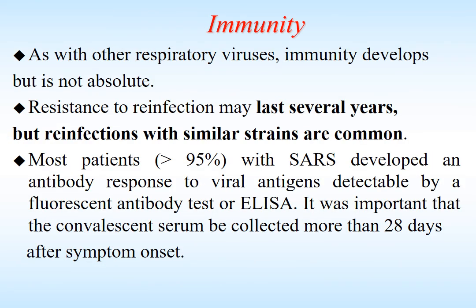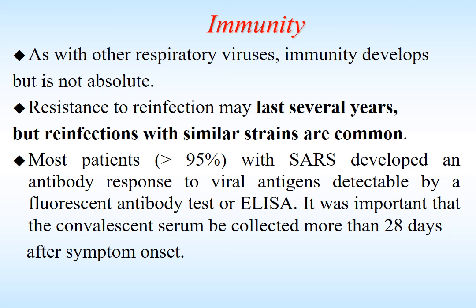And if we are speaking about immunity, as with other respiratory viruses, immunity develops but is not absolute. Resistance to reinfection may last several years, but reinfections with similar strains are common.